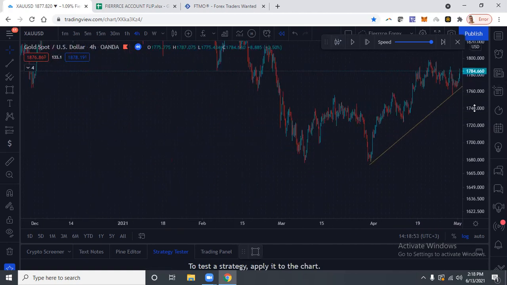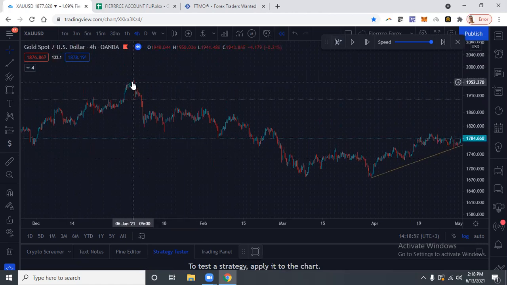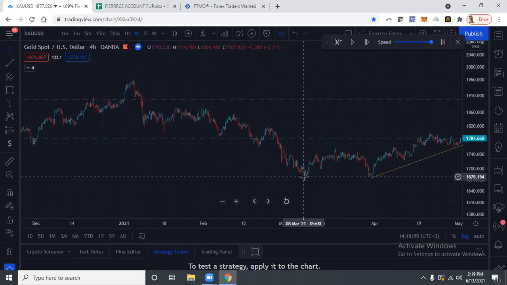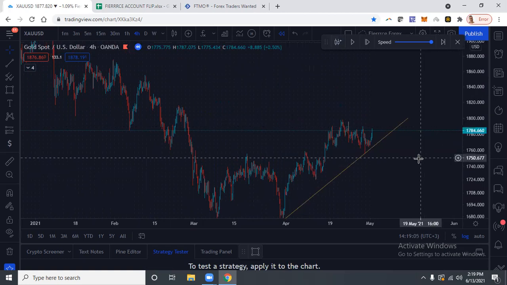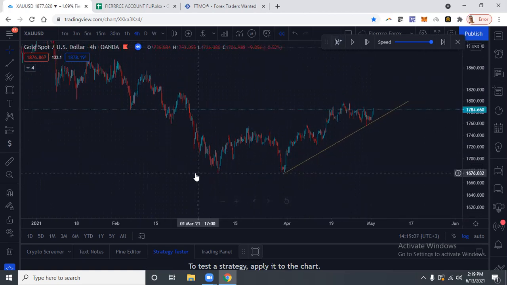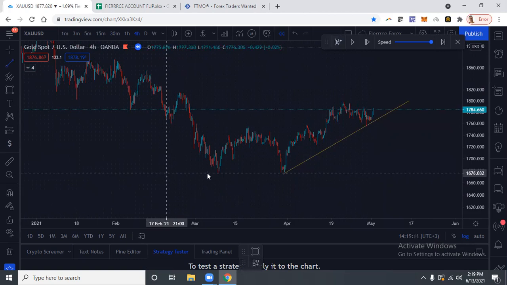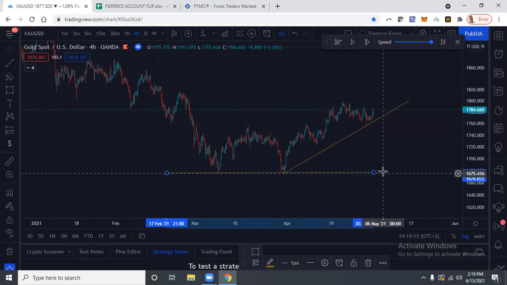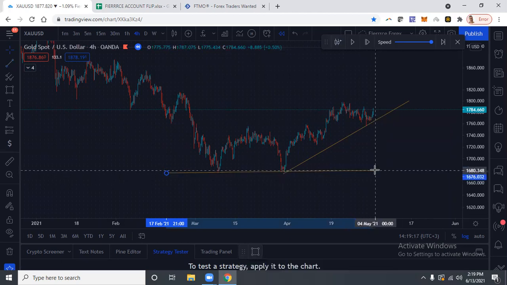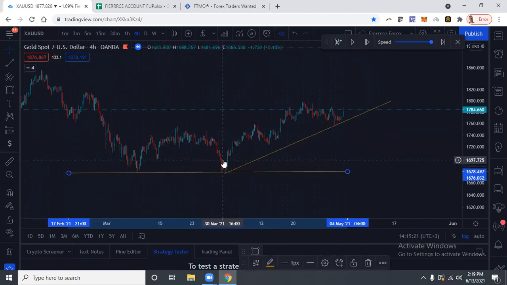This pair sold from the beginning of the year, and around the beginning of March it hit a floor. Usually I call it the seller's climax, right about there, and we can see it pushed up. There's a bit of distribution here, and then it pushed up.